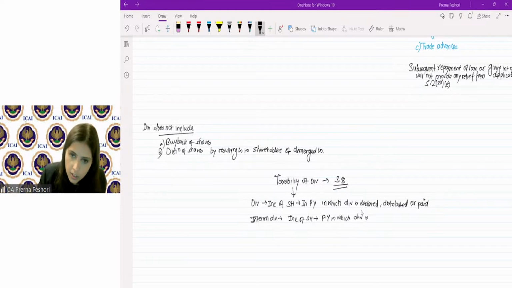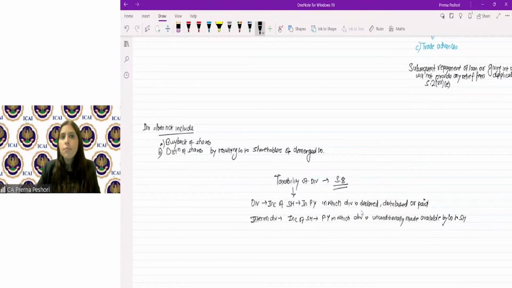So, dividend is unconditionally made available by company to shareholders. Clear? For the 222A to 222D, the dividend will be income in the year in which the assets are distributed. Whereas for dividend in the 222E, it is the income of the year in which the loan or advances are paid to the shareholders.